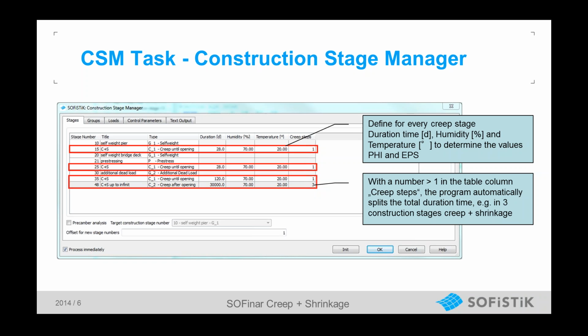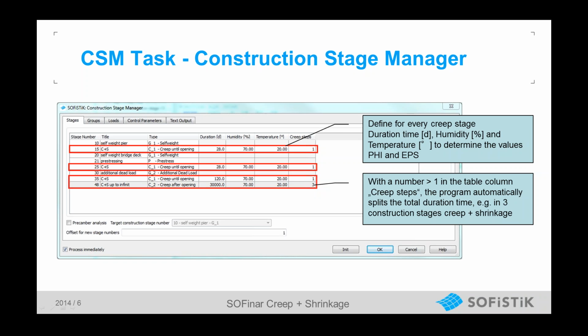You set up self-weight of the pier, you have some creep and shrinkage of the pier, you set up the self-weight of the bridge deck, you apply pre-stressing, again creep and shrinkage, you can apply additional loads, or you add additional supports, you remove supports, and so on. So everything that happens in the lifetime during the erection process of your bridge is defined here with a different stage number. The numbering is more or less free to you.